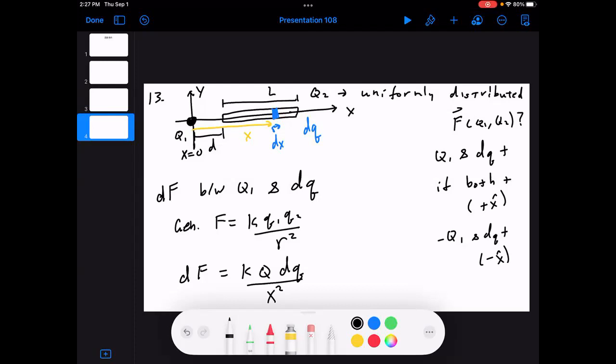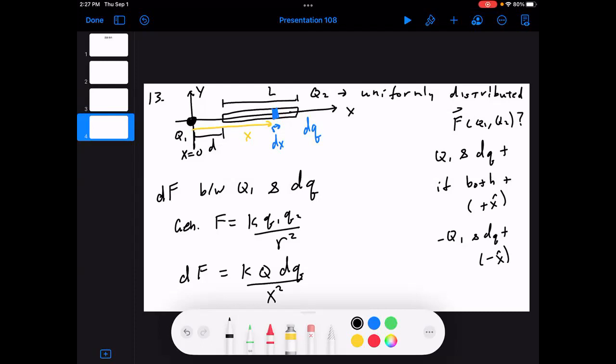Okay, so far so good. Except of course we're going to want to integrate this, right? And so when we choose different dqs, are they all going to have the same x's or different x's? Different x's. So we need to relate dq to x.